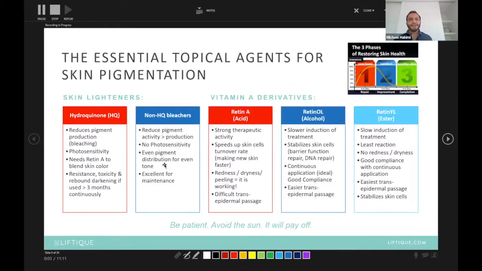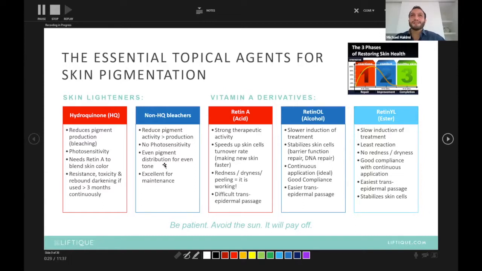Now, if you had to spend money on one skincare line in California, I would say that needs to include two very basic ingredients. You need a skin lightener and you need a vitamin A derivative. If you've listened to the last few slides, you already know why. Because skin lighteners keep your pigments at bay and prevent darkening due to sun exposure.